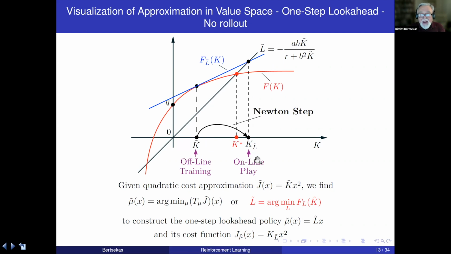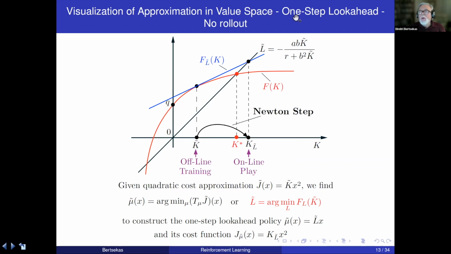So the cost function of the look-ahead policy is obtained by a Newton step, starting from the cost function approximation that you have obtained, likely by offline training, and this is the online play policy that you have obtained. So that's a very basic picture connecting approximation in value space with the Newton step.